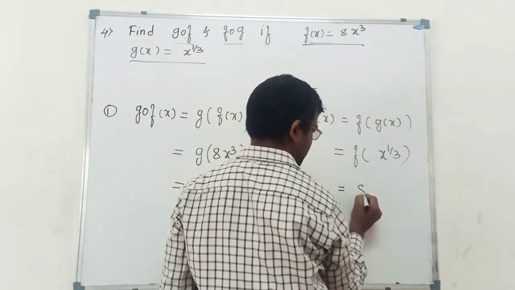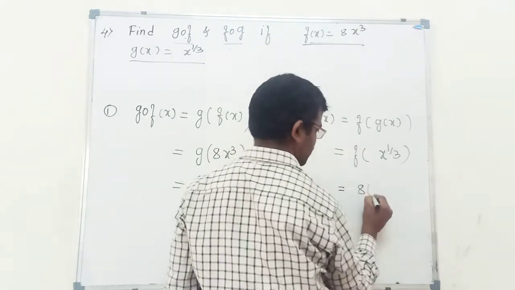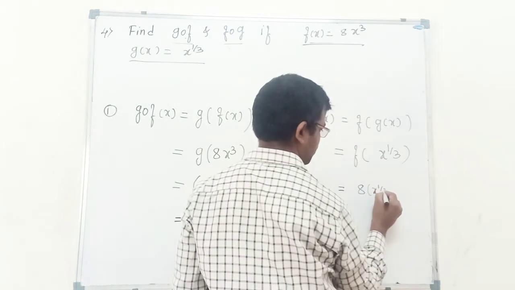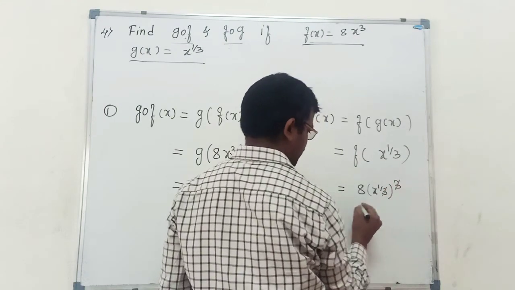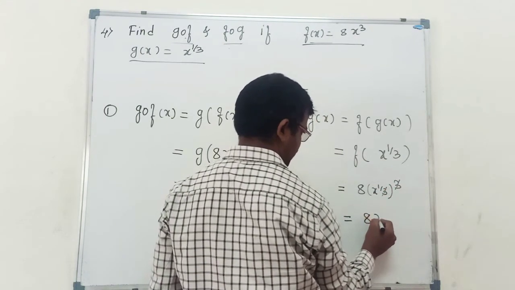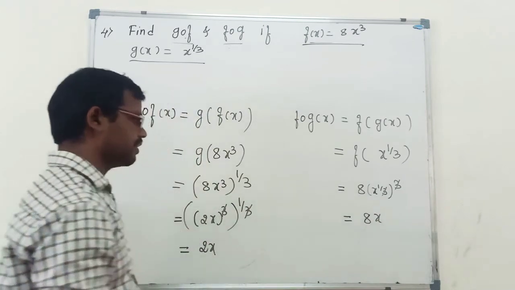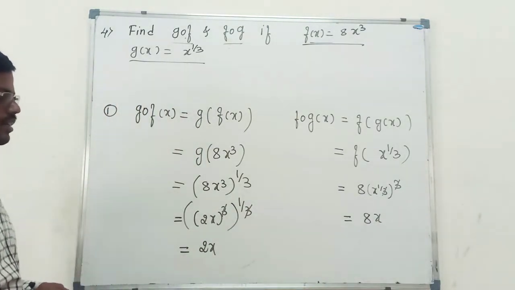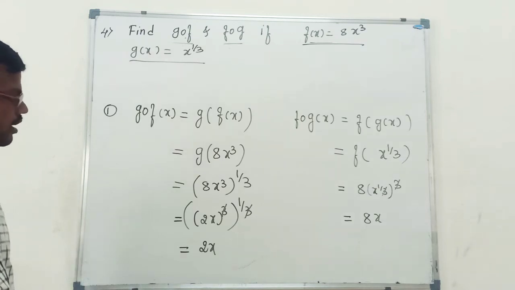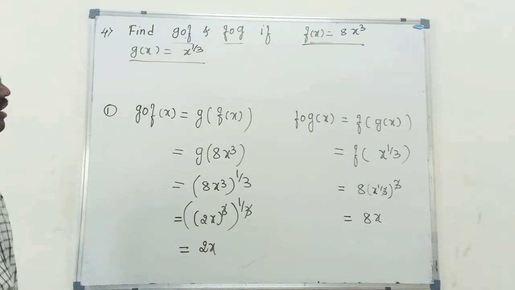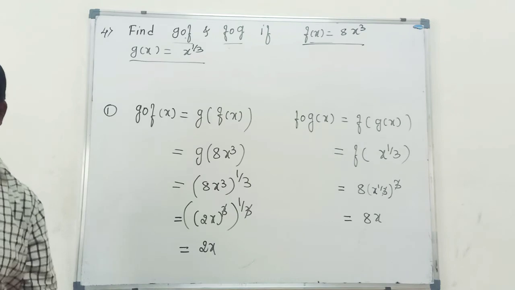So 8 into, where there is x, we have to put x raised to 1 by 3 raised to 3. 3 gets cancelled. What we got? 8x. So this is about the g composition f and f composition g.